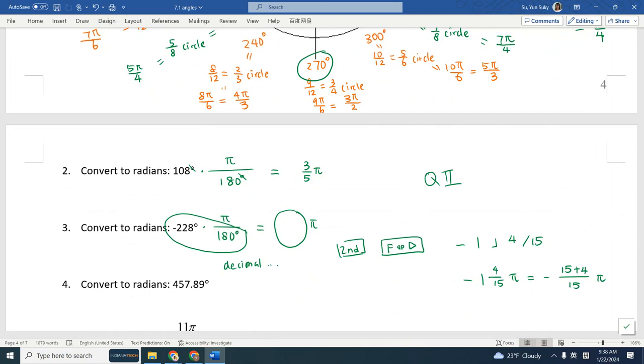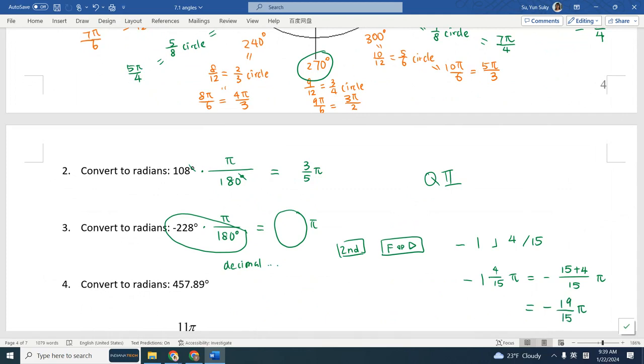But you know 1 is 15 over 15. If you have this kind of calculator, you have to do more work. So 1 is 15 over 15, and when you add 4, what do you get? Negative 19 over 15 pi.